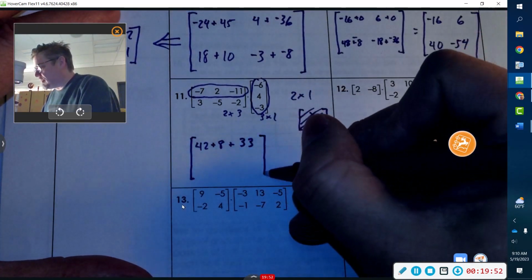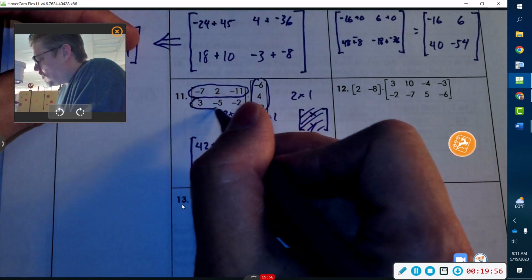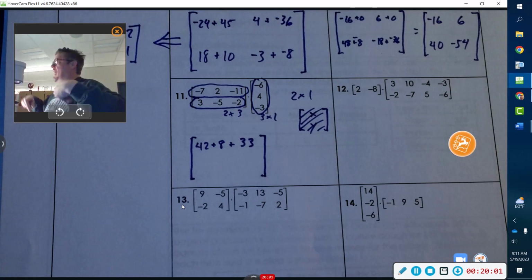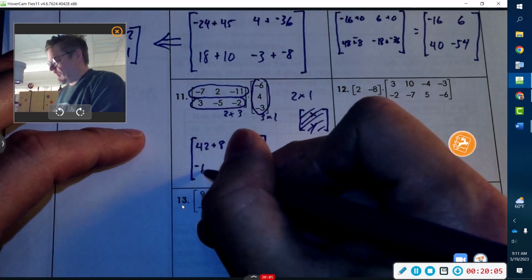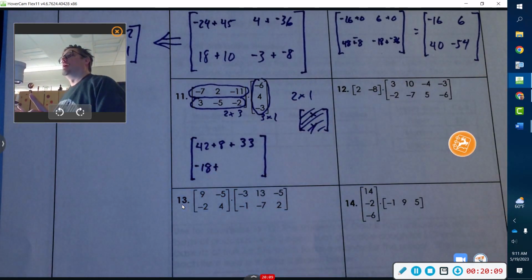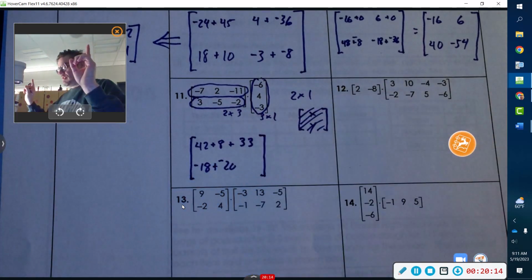You guys are going to see how we get the second number? Same thing. We're going to circle the second row, and then we're just going to go across down. So 3 times -6, -18, plus... plus what? Yes, negative 20. Plus 6. There you go.